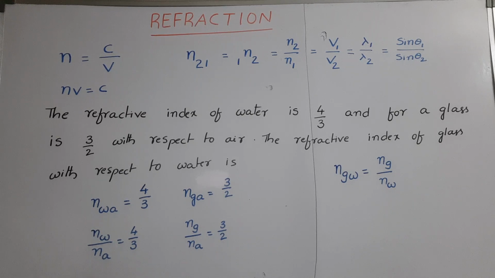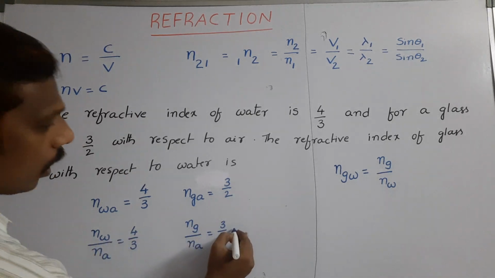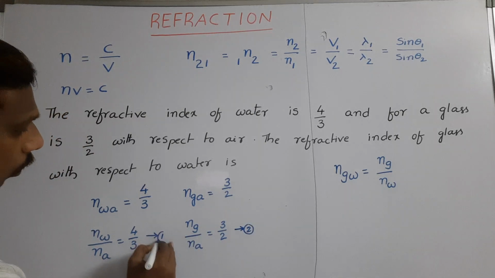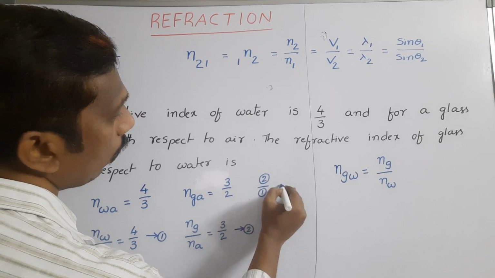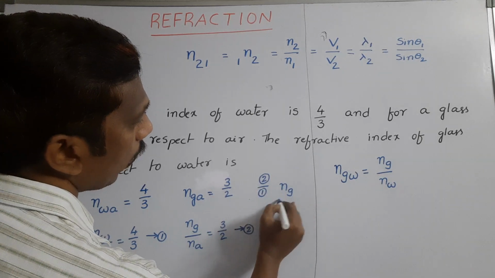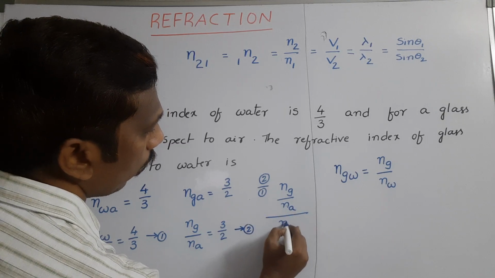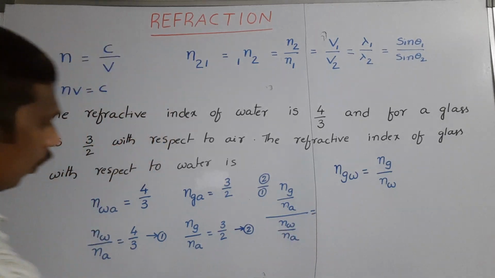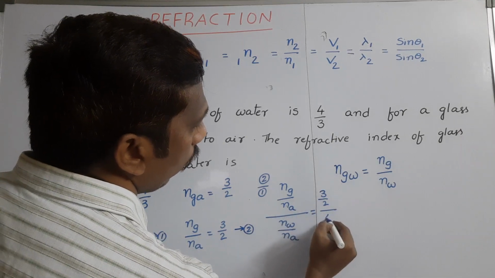Here we want the refractive index of glass by refractive index of water. To get this, divide this one with this one. Say this is equation number 2 and this is equation number 1, so do equation 2 by equation 1. Then we get refractive index of glass by refractive index of air, whole divided by refractive index of water by refractive index of air, which is equal to 3 by 2 divided by 4 by 3.